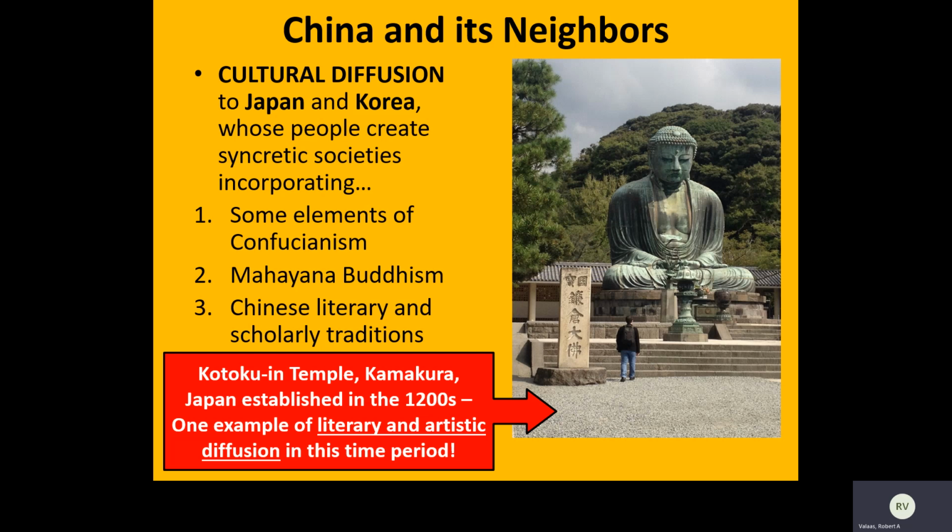I mean, the very fact of written language in China, or in Japan and Korea, reflects borrowing from China, although of course the Japanese and the Koreans both adapted the Chinese writing system to better suit their own needs. And we can kind of see that too here in the Kotokuin temple here in Kamakura, Japan, the influence of China in the Buddhism and the writing there helping to shape Japanese and Korean societies in both their artistic and literary traditions as well.